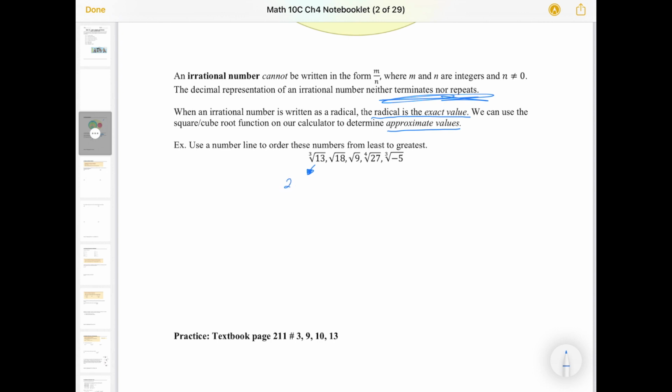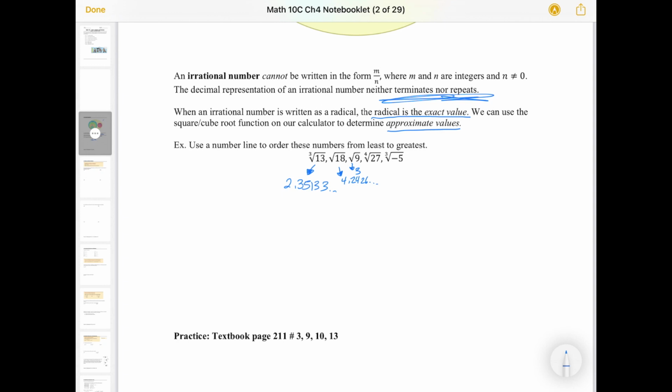This is about 2.35133. Square root of 18, and it repeats forever. It is an irrational number. Square root of 18, let's find out that approximate value. That's about 4.2426, and so on. The square root of 9, well, we know that one is just 3.